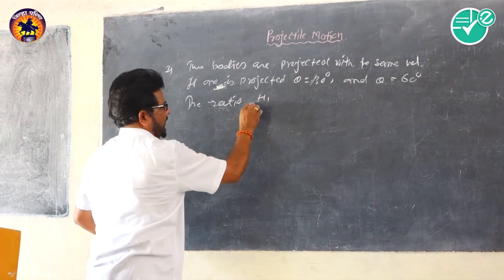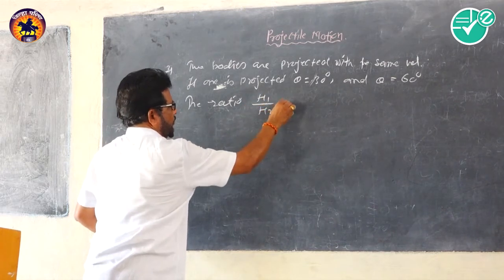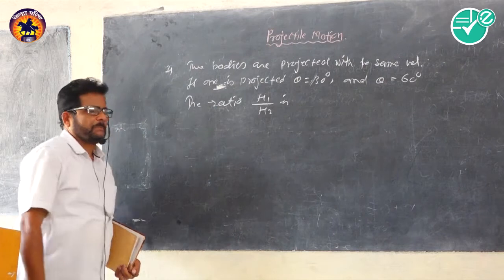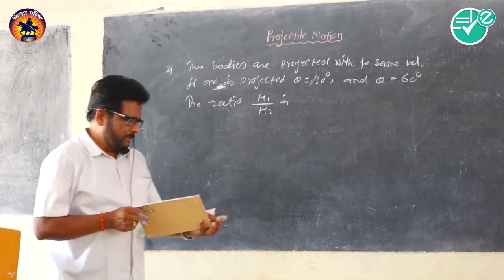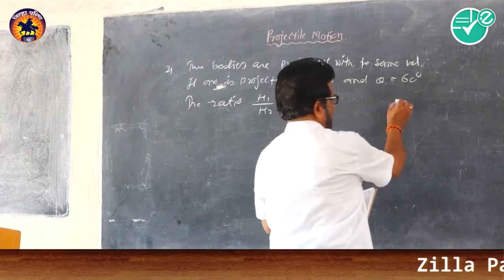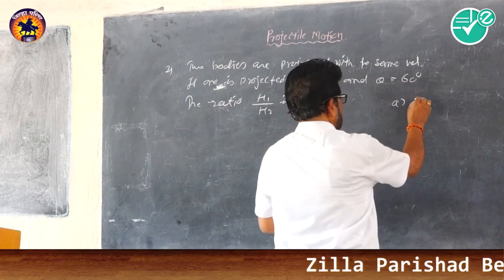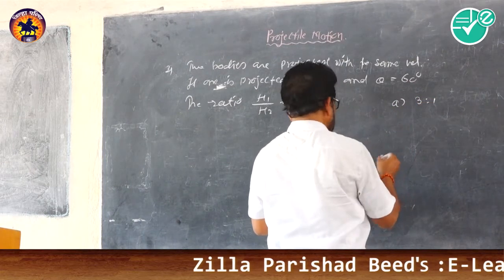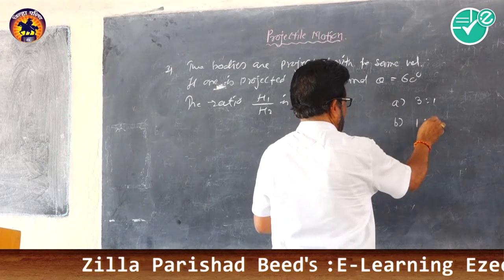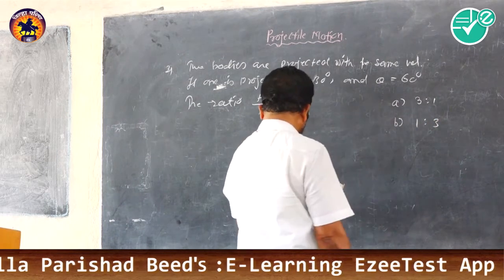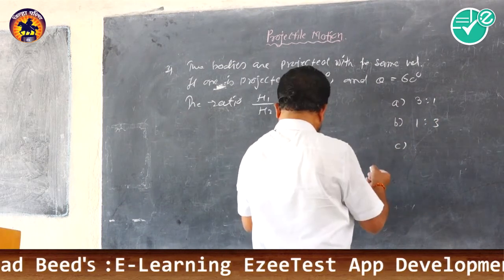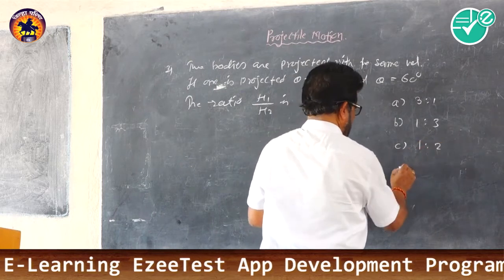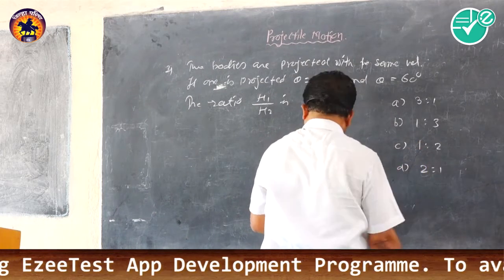This is the problem, and the options are A 3 is to 1, B 1 is to 3, C 1 is to 2, and D 2 is to 1.